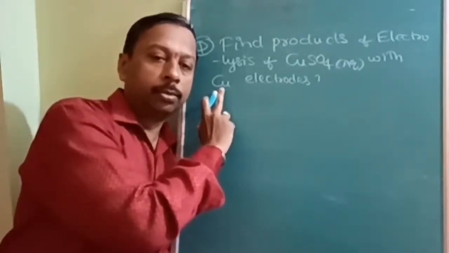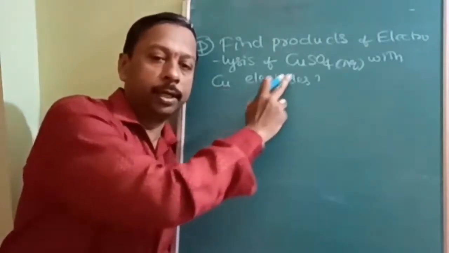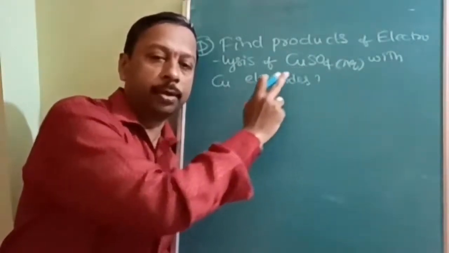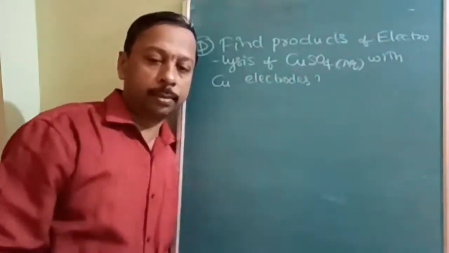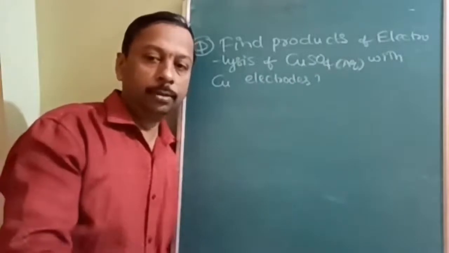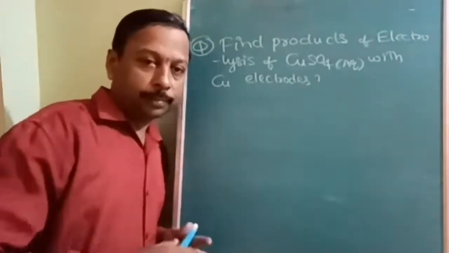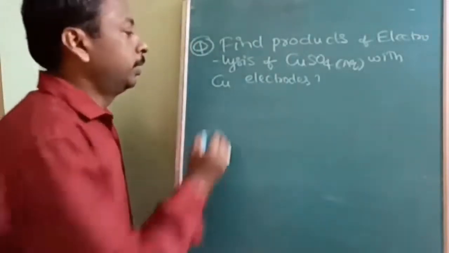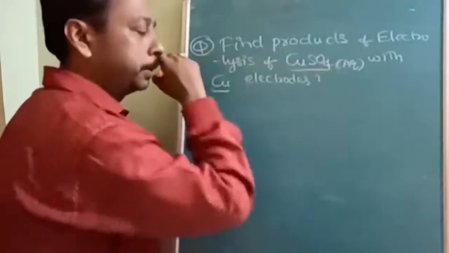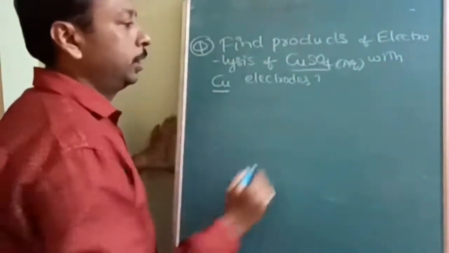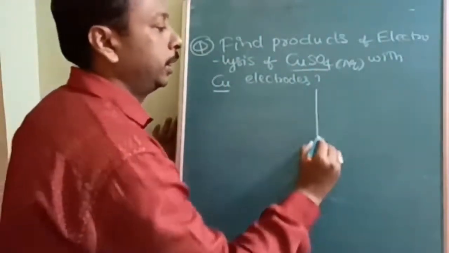Copper is used as the electrode, and copper sulfate is the electrolyte. Try to differentiate the previous question and this question and give the answer. Listen carefully: the difference here is with the electrodes. For this, I will explain with the diagram.